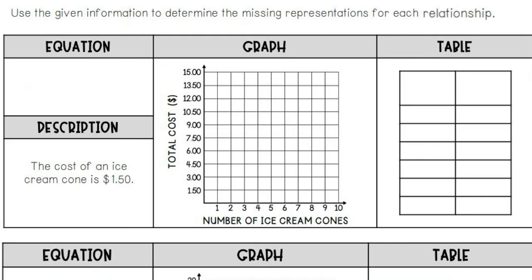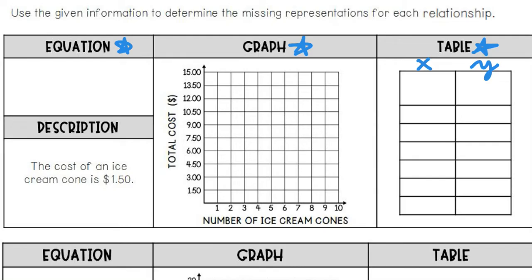Now there are always 3 ways you can show these kinds of relationships: an equation, a graph, or a table. So let's look at our description of this first one. The cost of an ice cream cone is $1.50. So if I'm looking at my table, my x usually goes on the left and my y usually goes on the right.